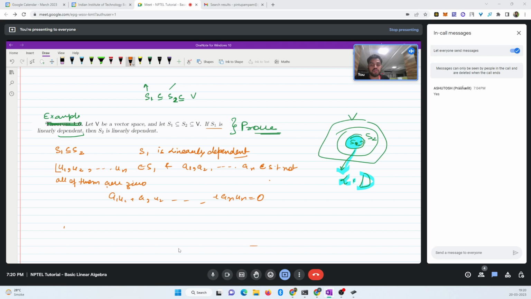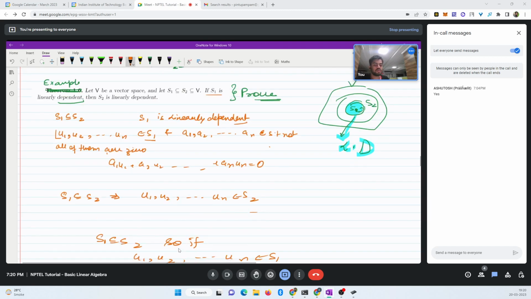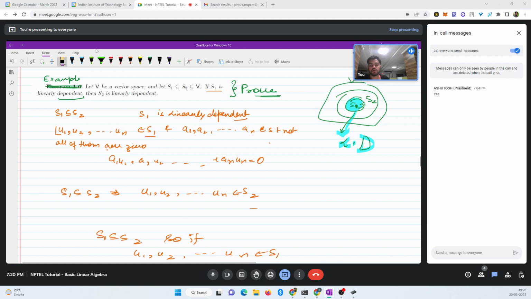Now, if my vectors u1, u2 to un belong to S1, and S1 is a subset of S2, what does this mean? This means that my vectors u1, u2, un will also belong to S2. Now because these vectors belong to S2, if I take the same a1, a2, an, then what would it give me?